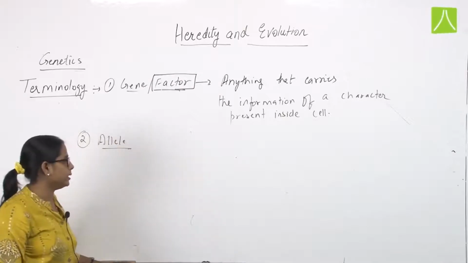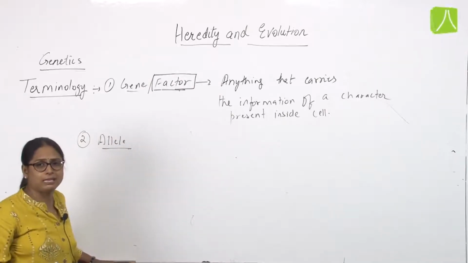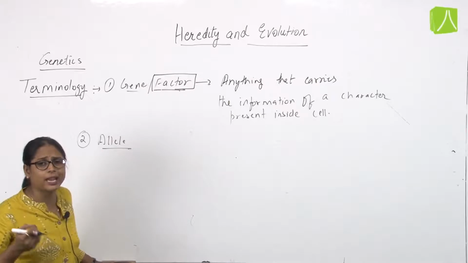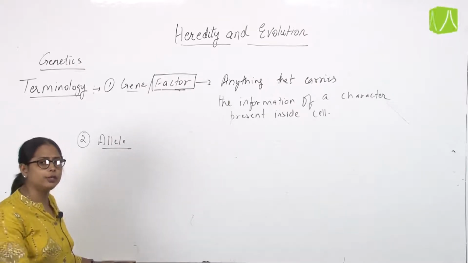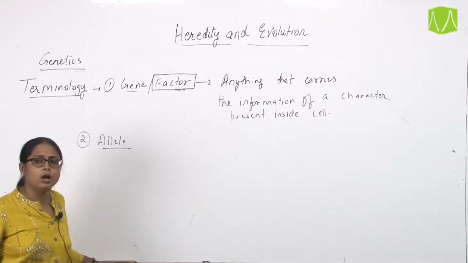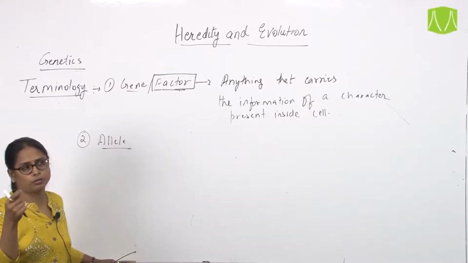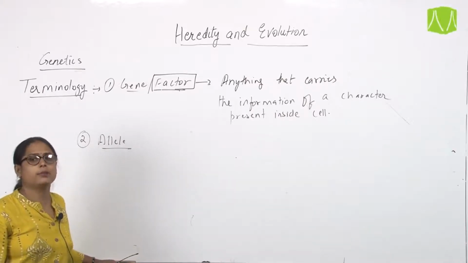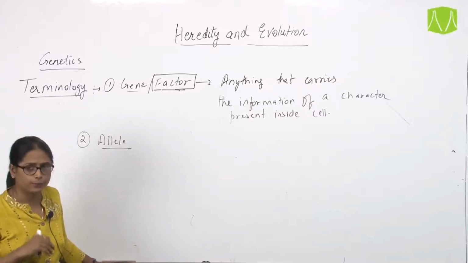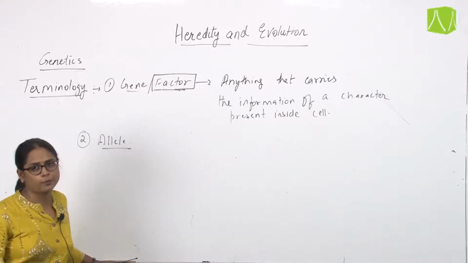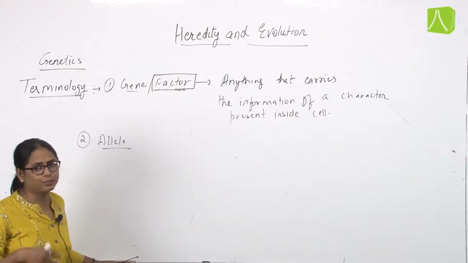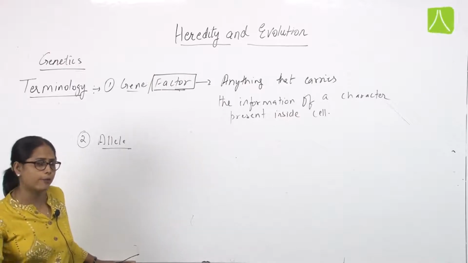Now, what is an allele? Mendel told that every character has its alternative form. If a particular character is height, then it has two types, whether the organism is tall or dwarf.